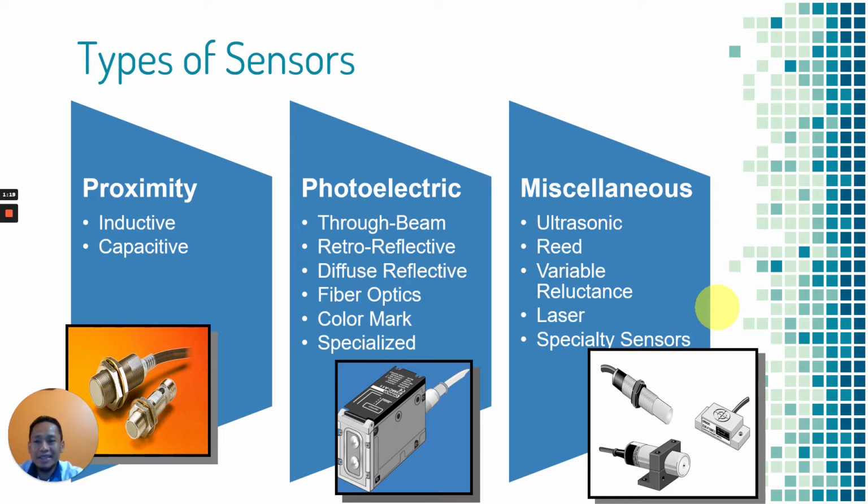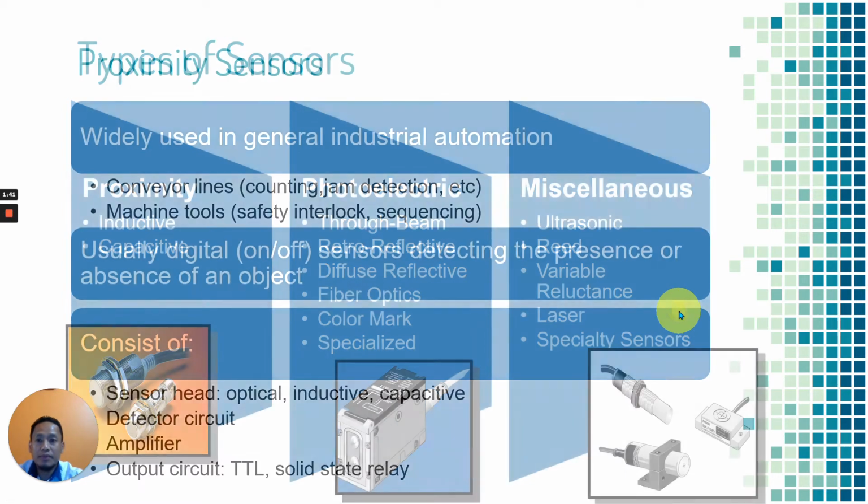Proximity sensors such as inductive and capacitive, while the photoelectric sensor can be true beam, retroreflective, diffuse reflective, fiber optics, color mark, specialized, and others may be ultrasonic sensor, resolver sensor, variable reluctance, laser specialist sensor, so many more.